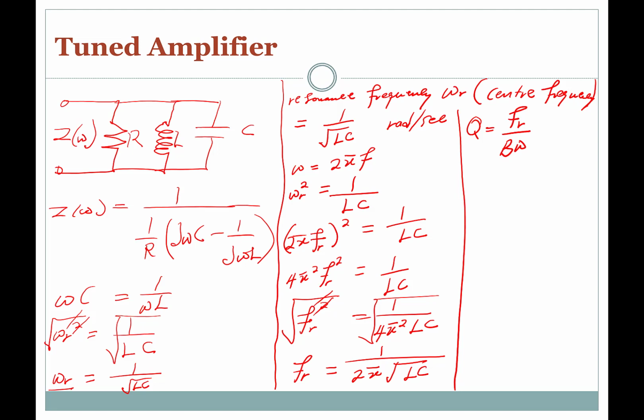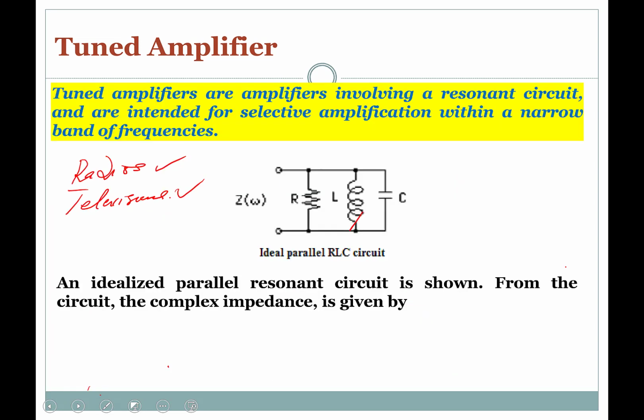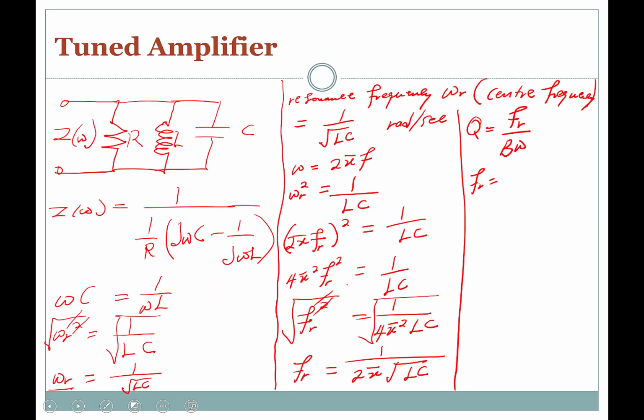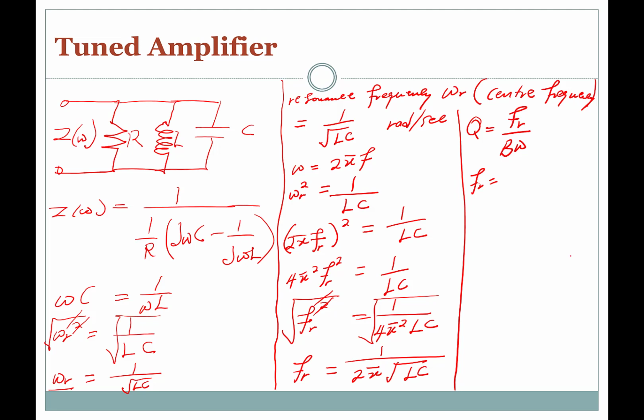We already know that FR equals one over 2 pi square root of LC.